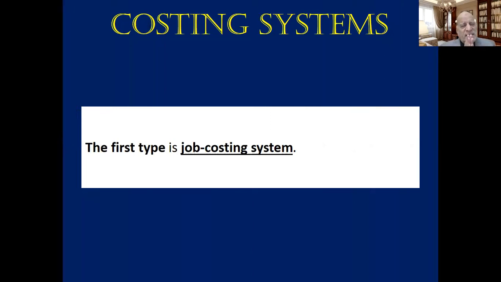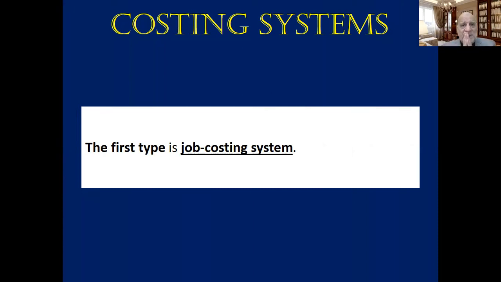As illustrated in learning objective number 1, there are two main types of costing systems that can be used to assign costs to products or services. We have two basic types of costing systems.